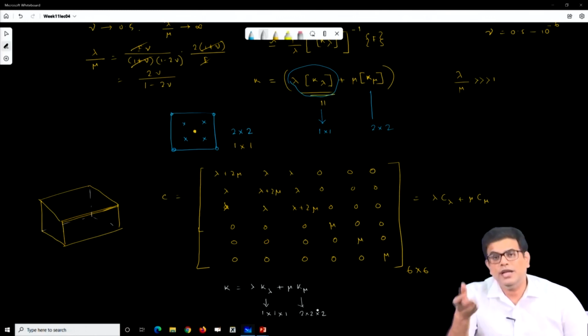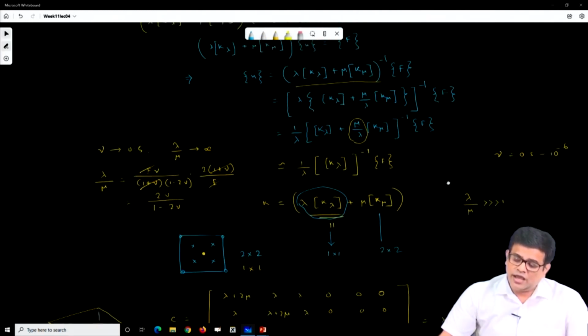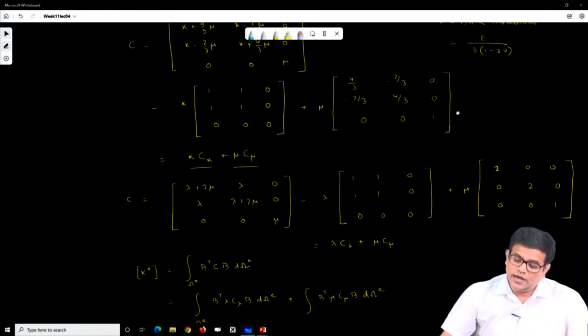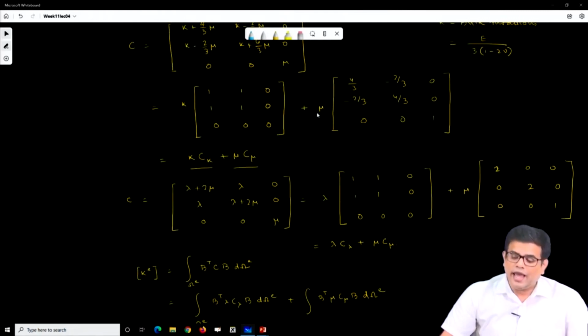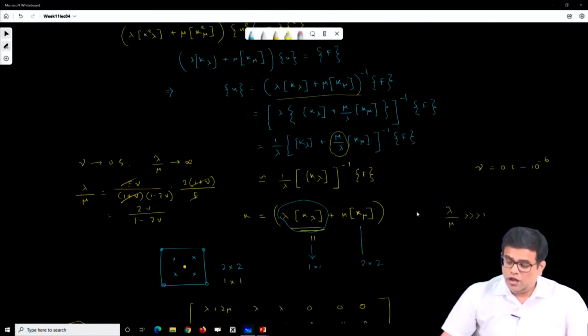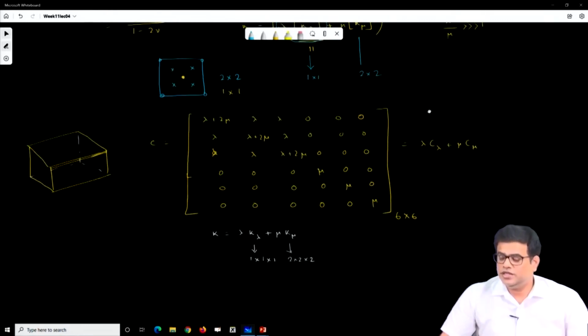This can also be done for the bulk modulus. I can write it in terms of the bulk modulus, which I have discussed previously, that is K and mu. So I can write Kb and K mu, with 2/3 mu, which is more physical, because the bulk modulus actually represents the volumetric deformation.